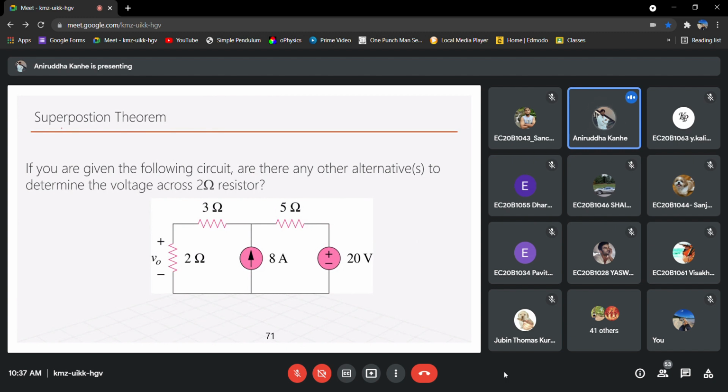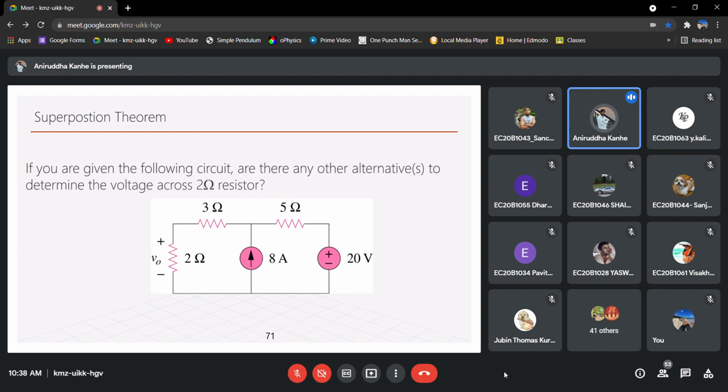So we'll start with the superposition theorem now. Okay, fine.